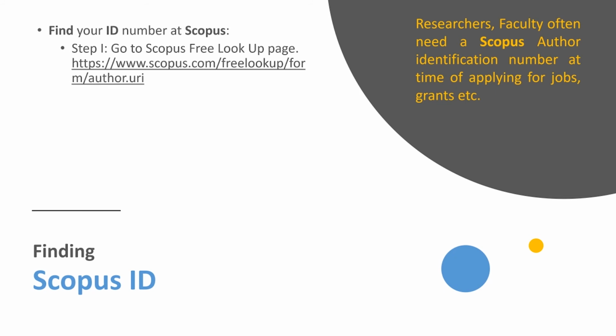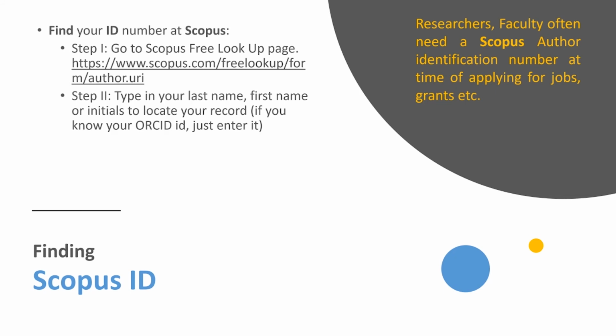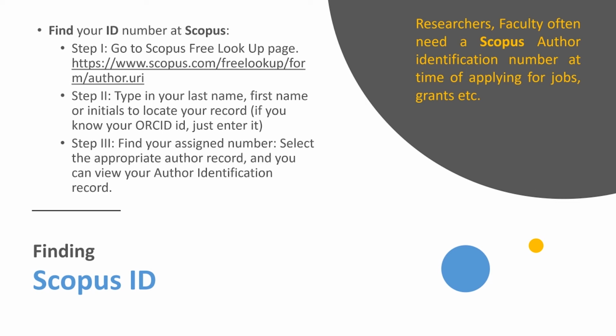What is step 2? Type in your last name, first name or initials to locate your record. If you know your ORCID, just enter it. We will be discussing the ORCID after this. What is step 3? Find your assigned number. Select the appropriate author record and you can view your author identification record.